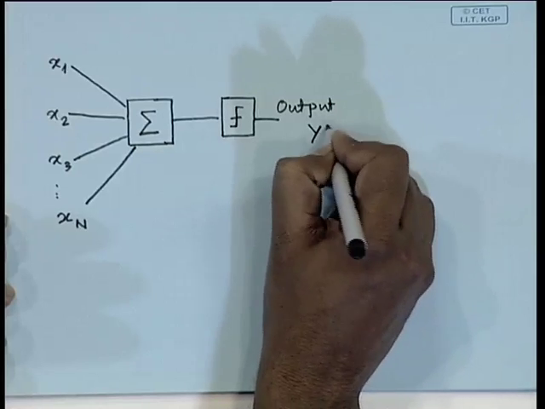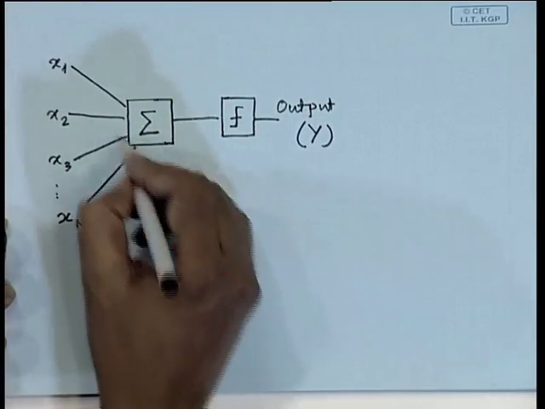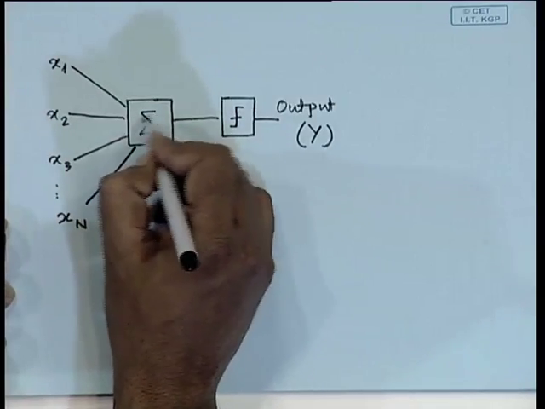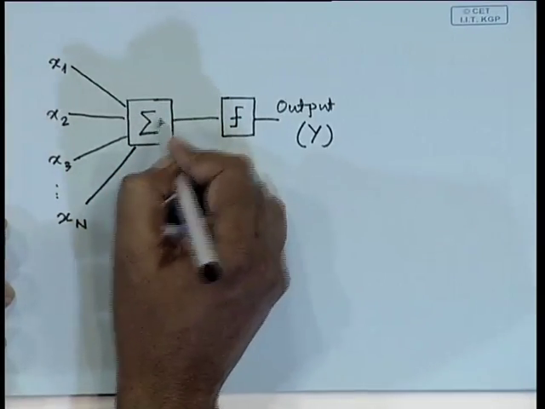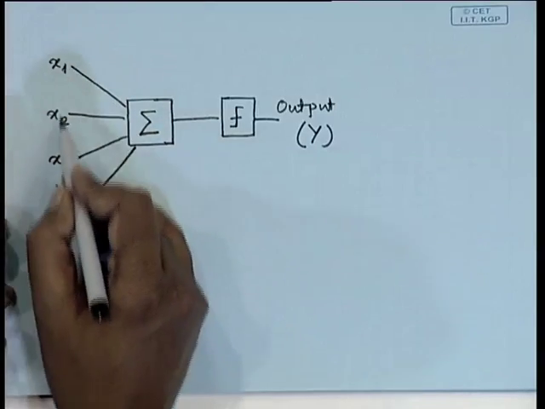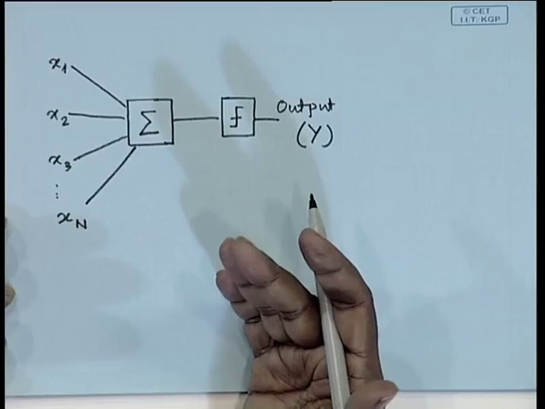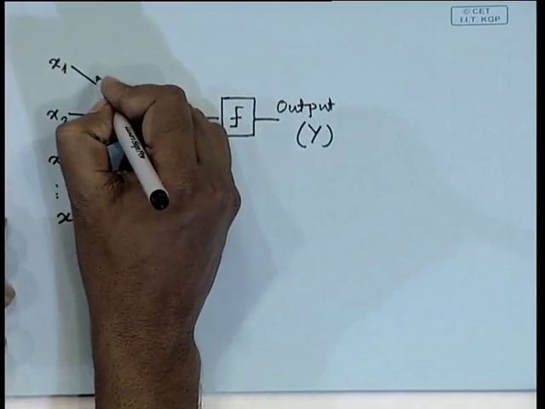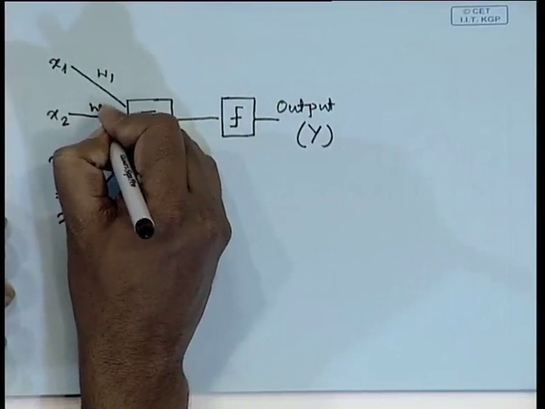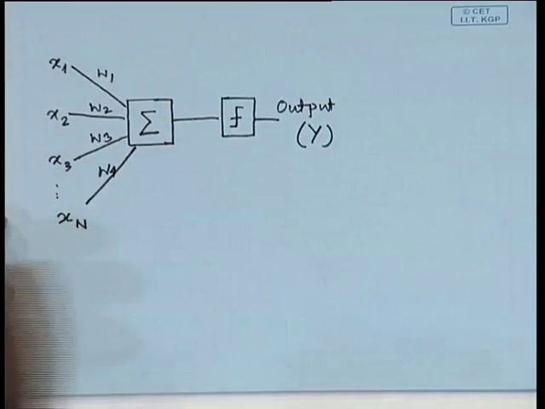Let us call it y. Because this cell body will compute the weighted summation of these different feature components, I have to have the corresponding weights, say W1, W2, W3 and W4.